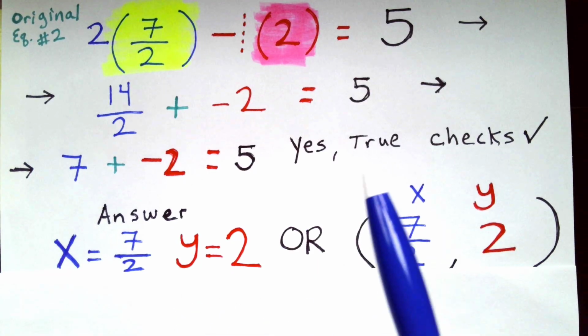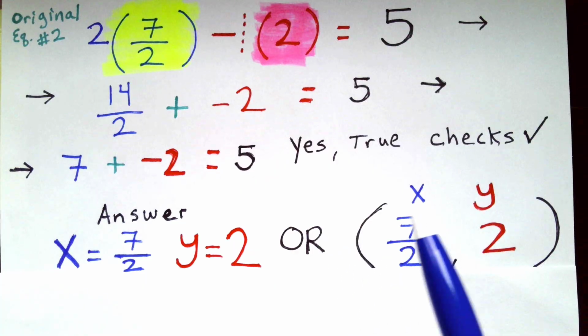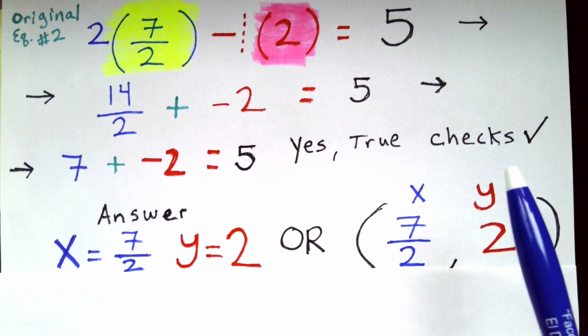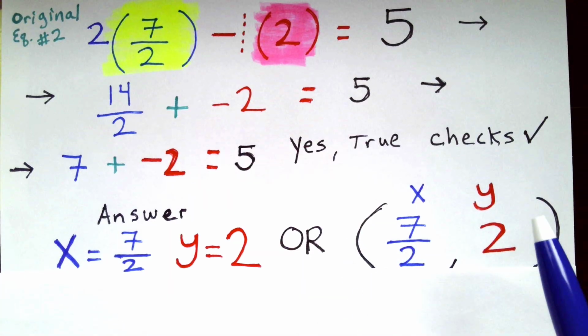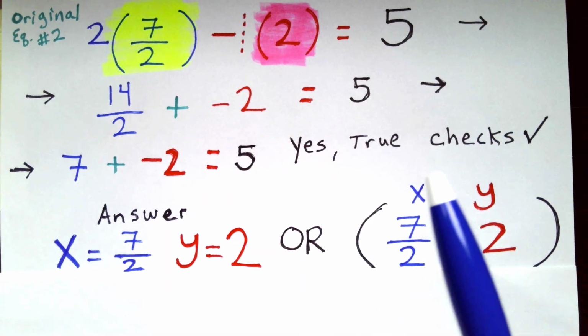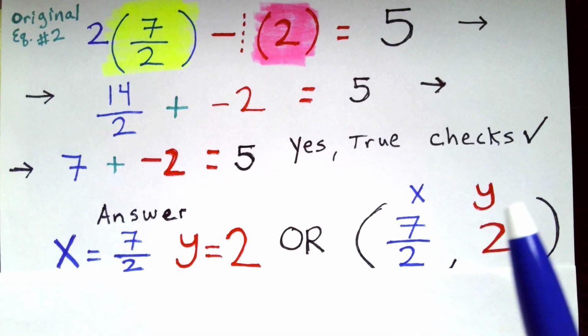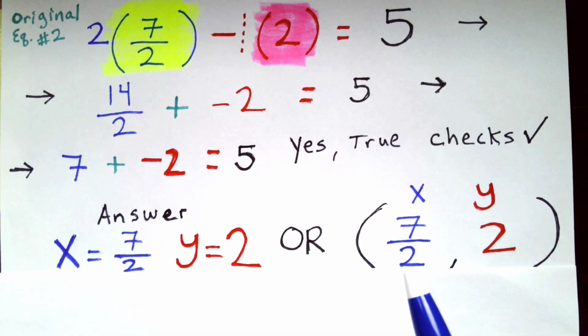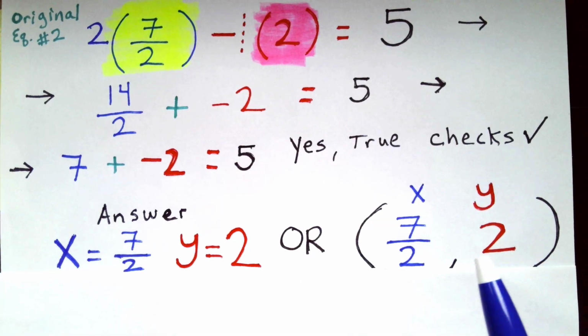Now, another way to write that, and if you've been following along all the parts of all the videos, then you know that this is called an ordered pair. Plot points. An ordered pair are plot points. On a graph, you would plot 7/2, or 3 1/2 for your x value, 2 for your y value, and you would plot that point.